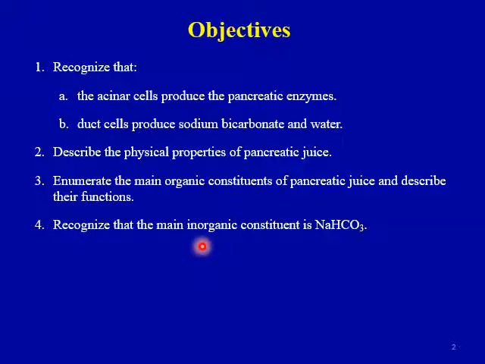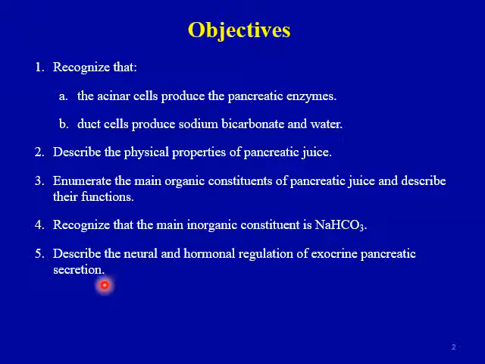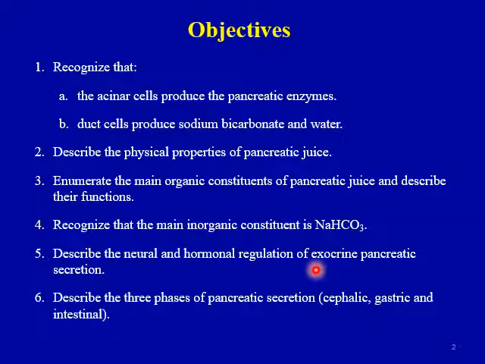Recognize that the main inorganic constituent is sodium bicarb, and then describe the neural and hormonal regulation of the exocrine pancreatic secretion. And finally, describe the three phases of pancreatic secretion: the cephalic phase, gastric phase, and the intestinal phase, something similar to the phases of gastric secretion that we already studied in one of the lectures.